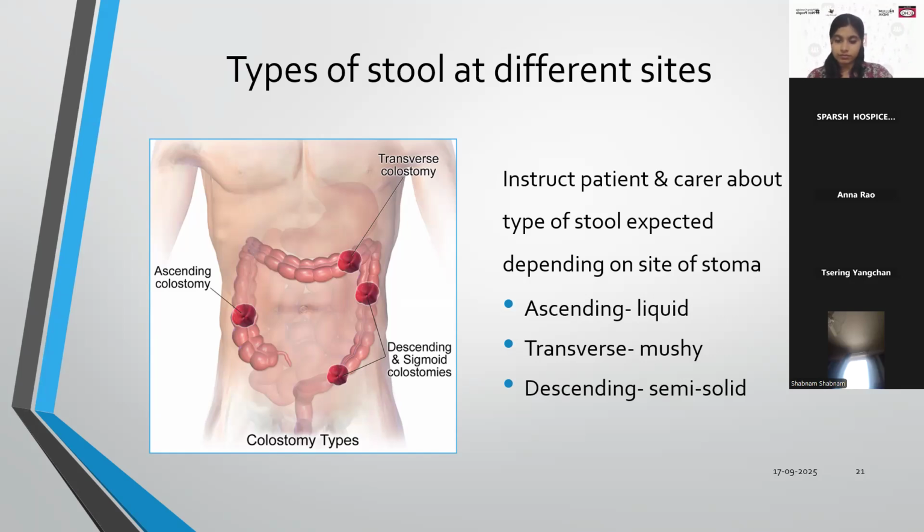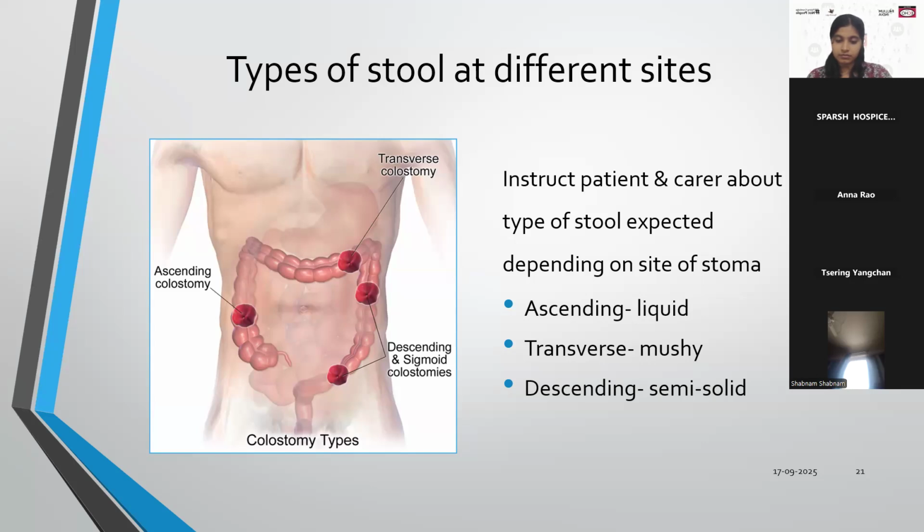And if it is in the descending colon, then semi-solid stools will appear in the bag. So this should be clearly stated and explained to the relatives also, so that they come to know whether there is any kind of problem or not, and whether to approach the hospital or not.